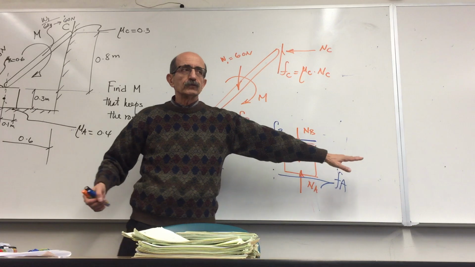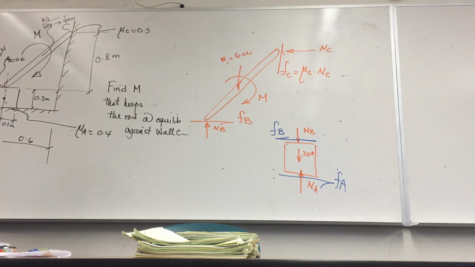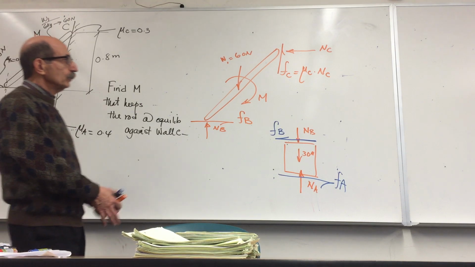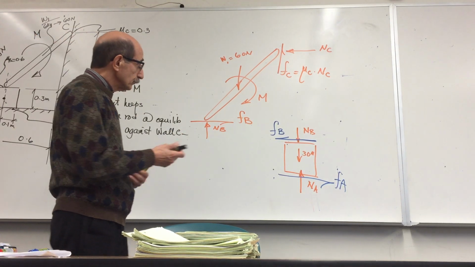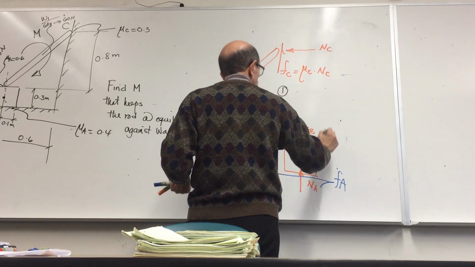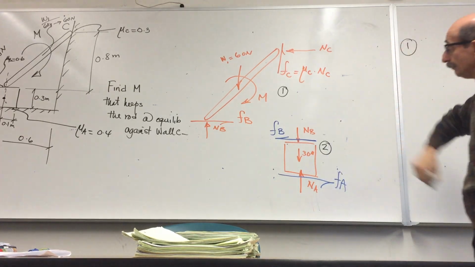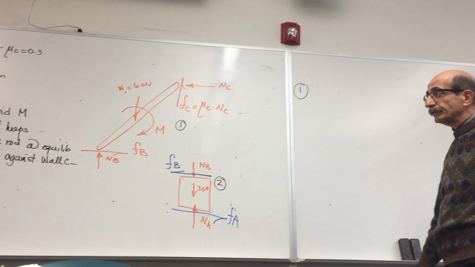So the friction force is in the opposite direction, right? Any questions? Okay. So let's just start with this one. I will start with the free body diagram. Then three equations of equilibrium.